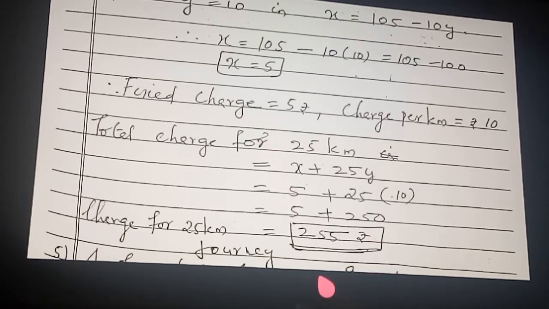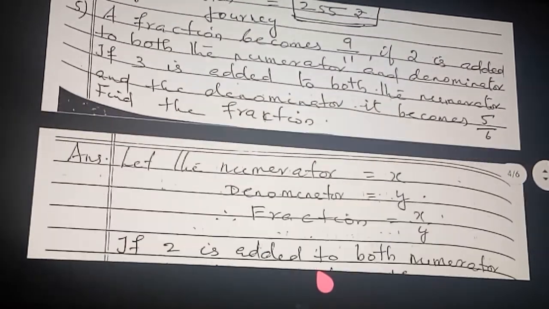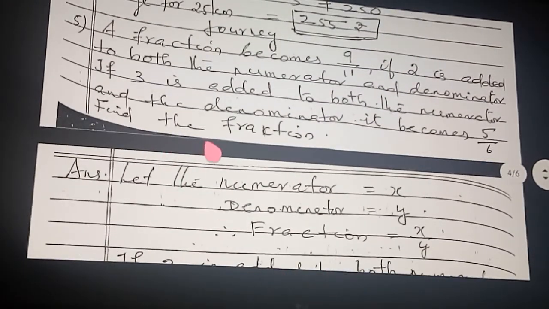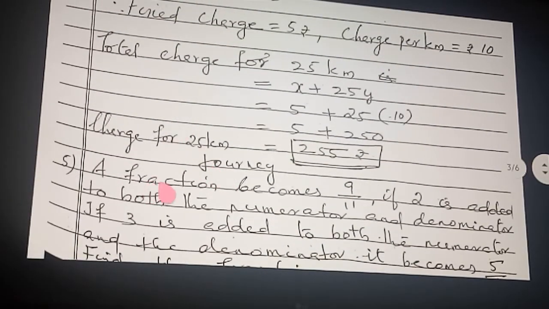Now, next sum you can see. Question, listen. A fraction becomes 9 by 11. What's the value of the fraction? You know fractions, how are we writing them? Numerator by denominator.